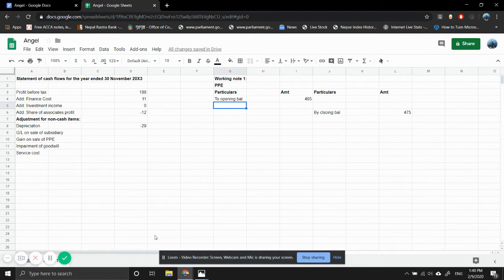And then by depreciation, first thing first, depreciation, there was a few disposals as well. Depreciation is 29, minus this figure.